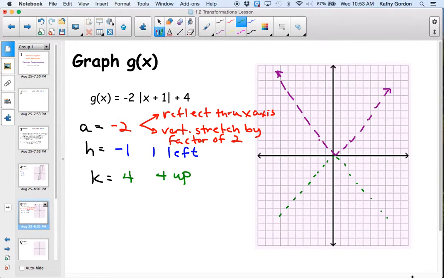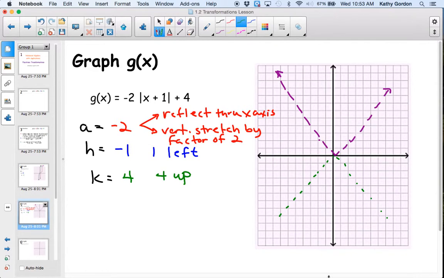So if originally going over 2 meant going up or down 2, now going over 2 means going up or down 4. If it was a factor of 3, then going over 2 would now mean going up or down 6. So whatever the original y value was for that particular x is now getting multiplied by this factor.